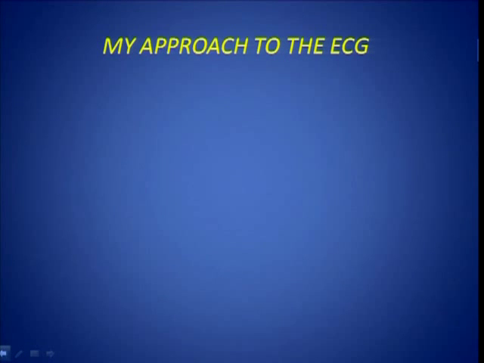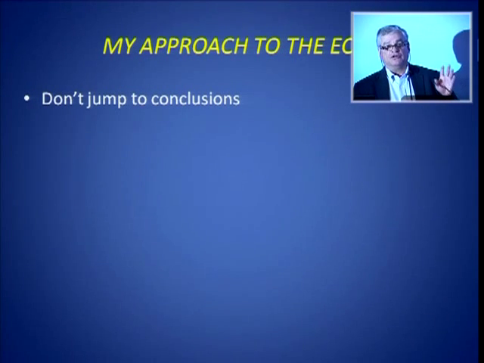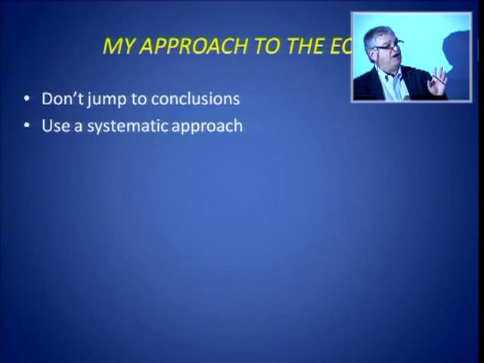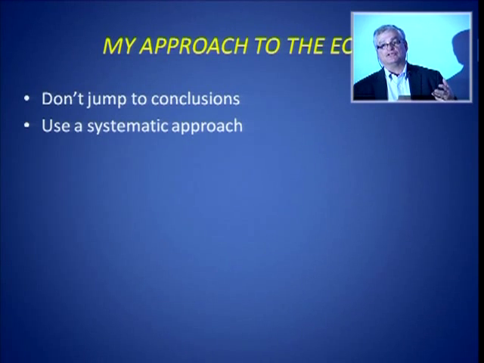This is rhythm analysis, especially for complex rhythm ECGs. Firstly, do not jump to conclusions. You have to describe what you see first without using diagnostic terminology. You have to have a system, and the system has to start with a description.